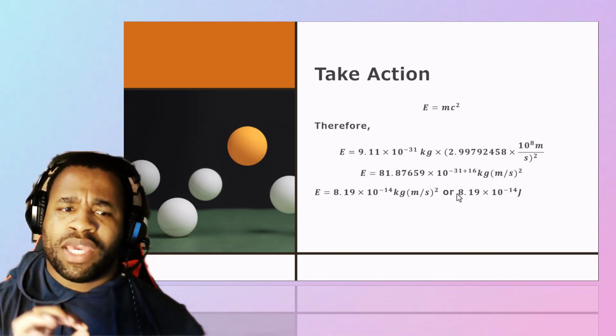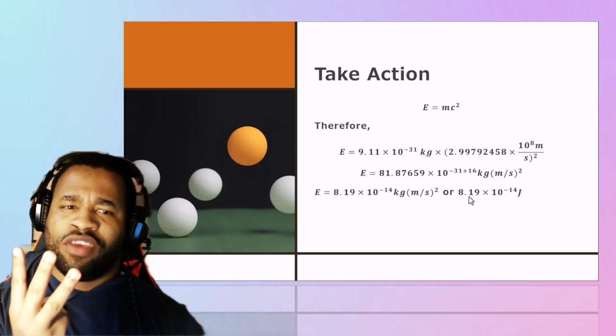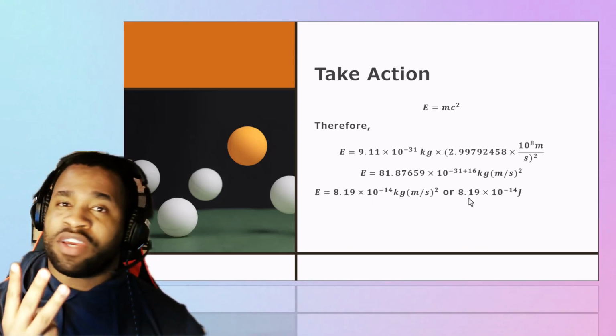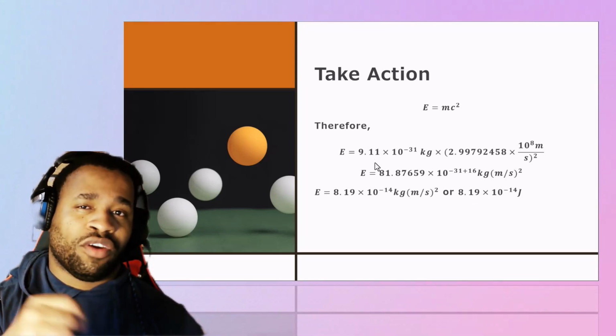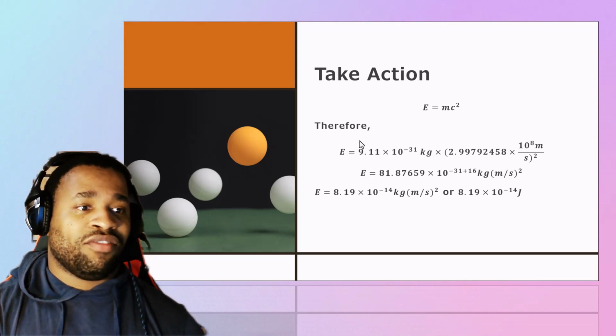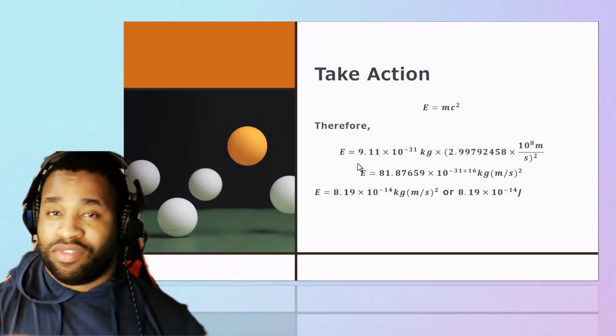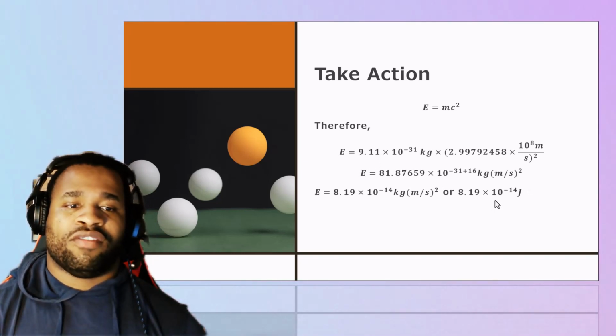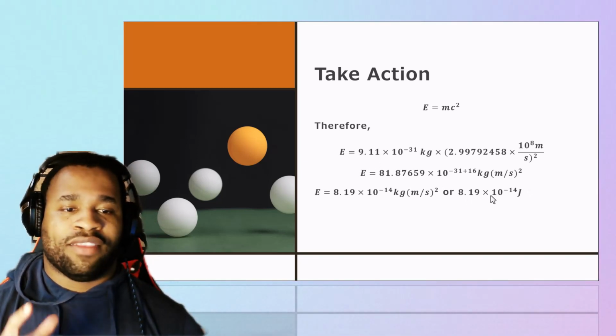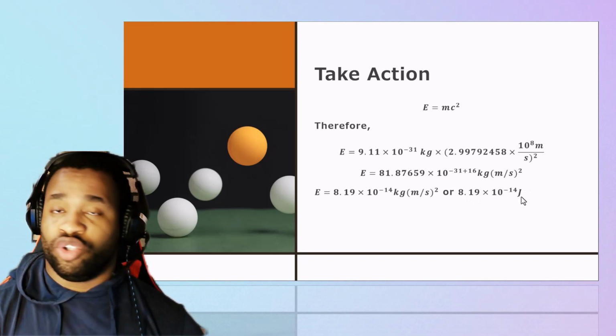And why are we picking 3 significant digits here? We're picking 3 significant digits because our question, when we search for the electron's mass, is given in 3 significant figures, and therefore this here is our final answer, 8.19 times 10 to the power of negative 14 joules.